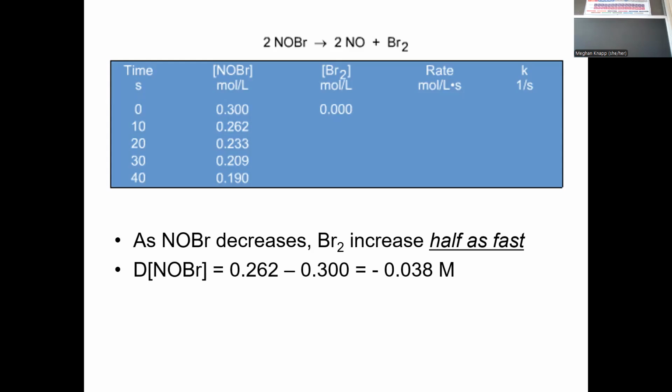So as we lose 2 NOBr, we only get 1 Br2. So it's happening half as fast. The rate is half as much. And this should be a triangle, not a D. Sorry, forgot to change the font.